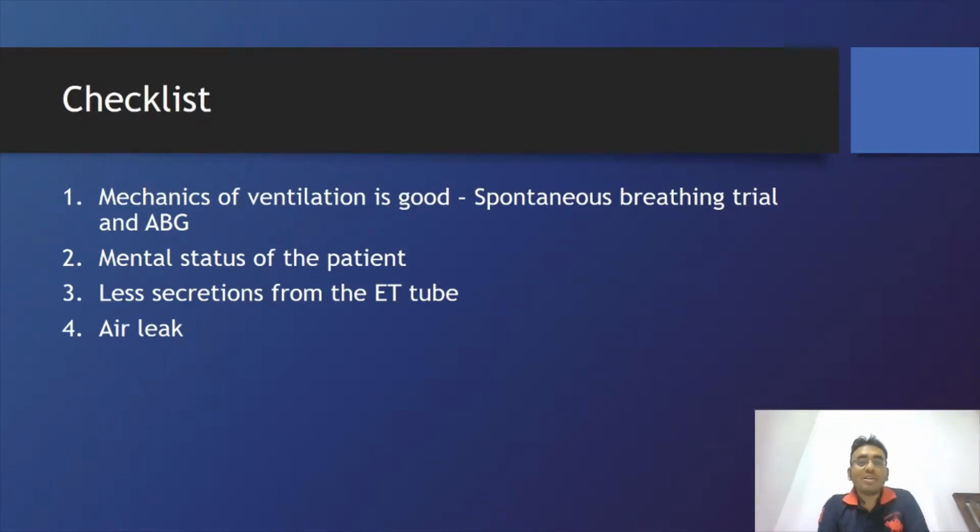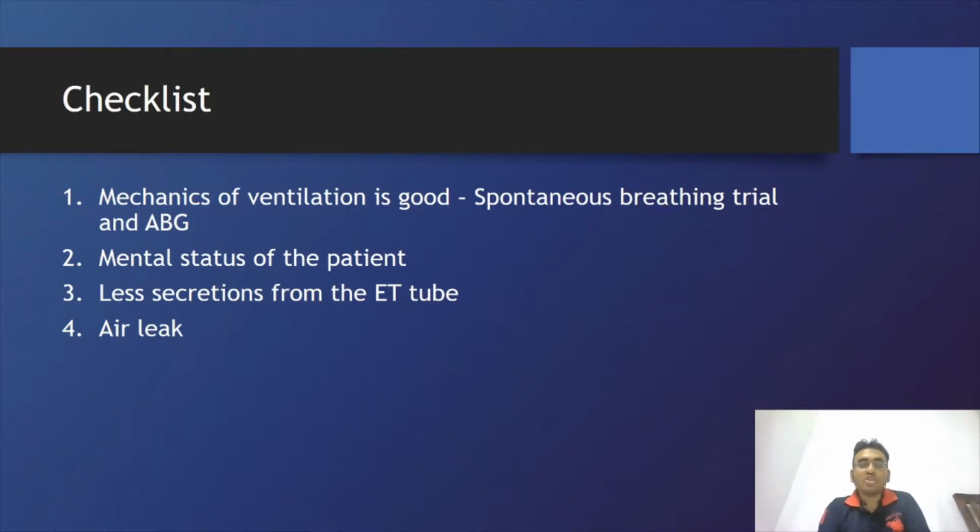So if there are a lot of copious secretions coming into the suction tube of these patients on a ventilator with an ET tube, then these patients are having too much secretion. If you take these patients off the ventilator very soon, the secretions will go down into the lungs, and the patient may get aspiration pneumonia or other problems. These things are very risky. So if patients have too many copious secretions, you cannot remove the ET tube.